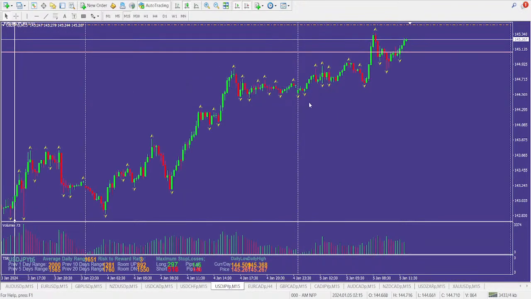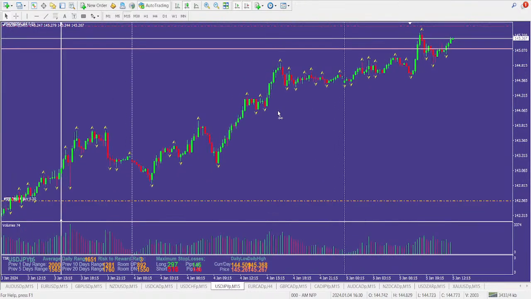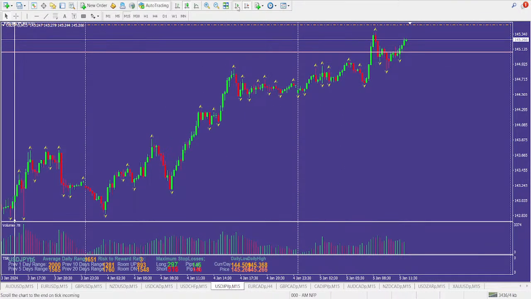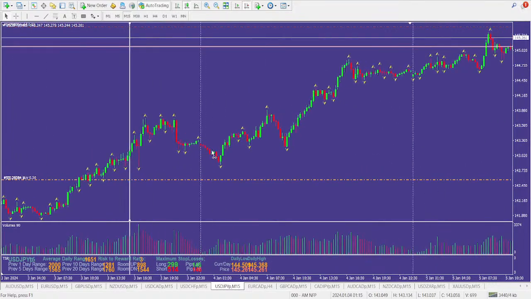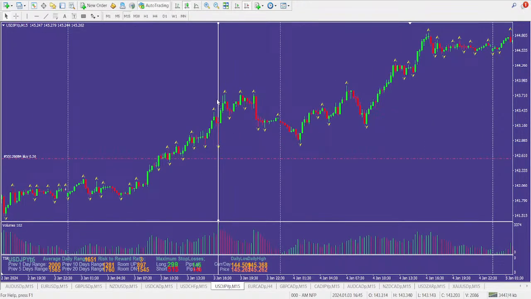Now going back to the demand level, if we look at December 3rd over here. Okay, so December 3rd, got a high volume spike over there, as well as another high volume spike over there.